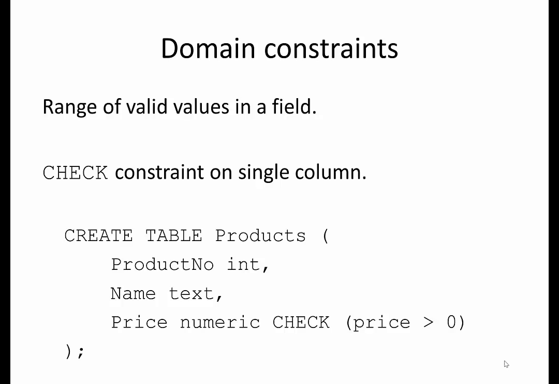It has to be a positive price. Maybe it should be greater than or equal to 0, then we could have a price of 0. But we can't have a negative price, that's the important thing here. Every time a row gets entered, this check constraint gets checked on the price, and if the price is 0 or negative, the row insertion gets rejected.